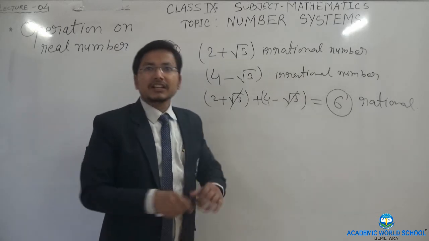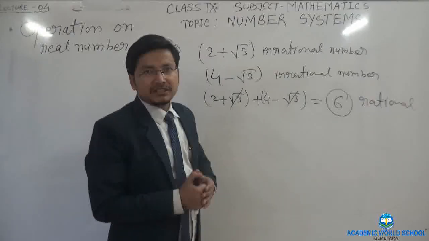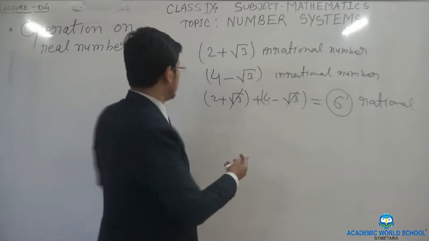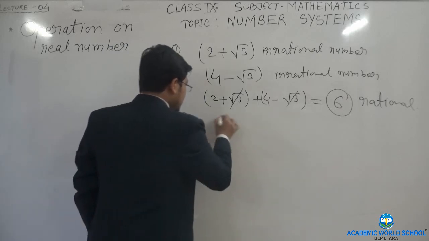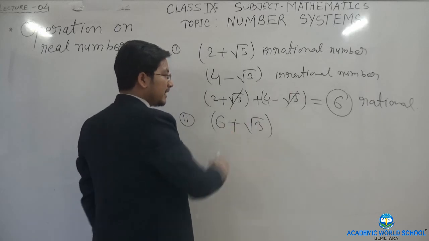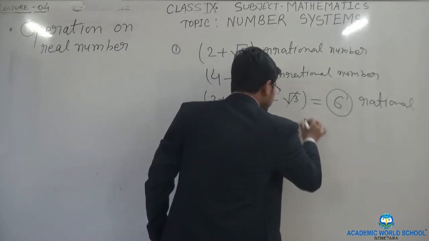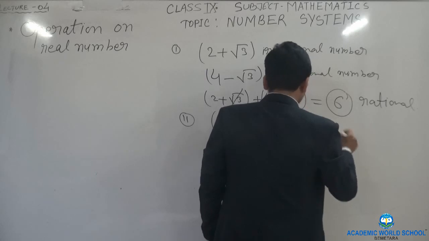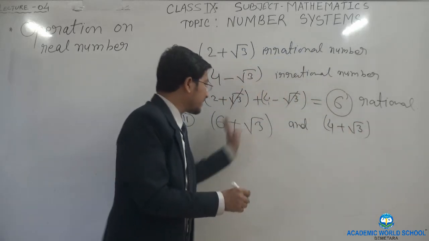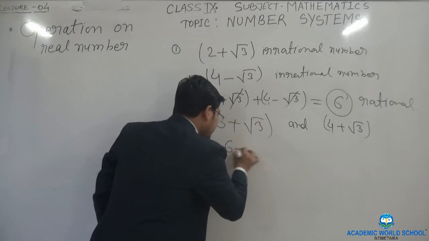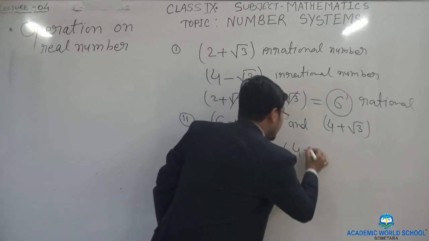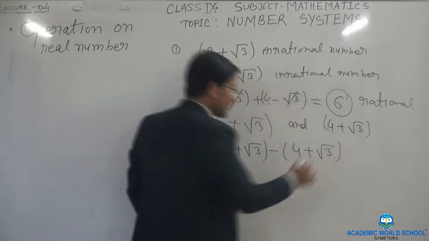subtract two irrational numbers, the result is not necessarily irrational. It can be rational also. So let's say this is 6 plus root 3, an irrational number, and say 4 plus root 3. Now we are going to subtract these numbers. So this is 6 plus root 3 and then minus 4 plus root 3.